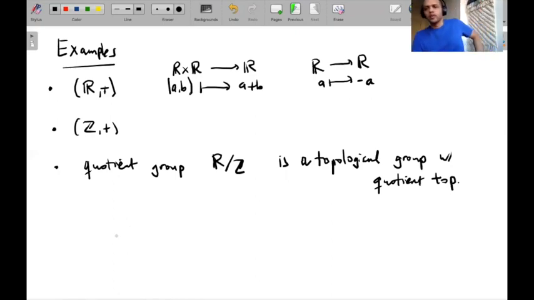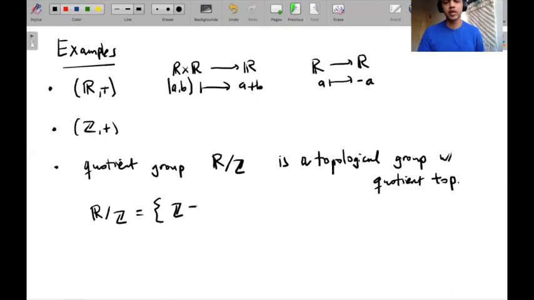So, well, there's a partition here. So, R mod Z, what does this mean? Group theoretically, this is a set of cosets.